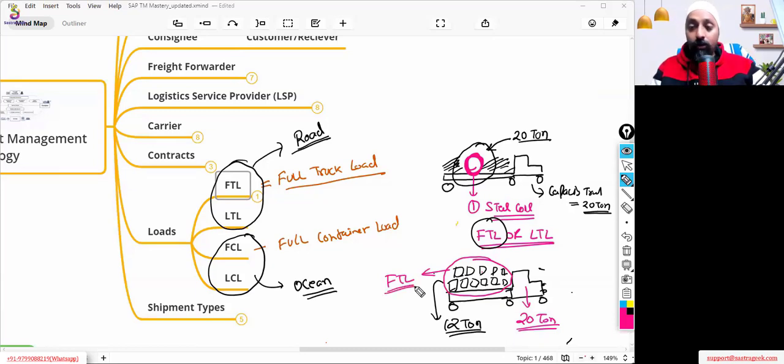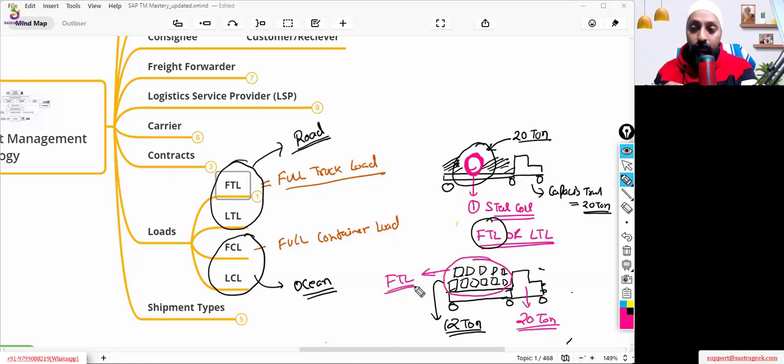So full truckload or less than truckload depends on the capacity of the truck, or what capacity the container has. It can be as per the volume or as per the weight. You can call it a full truckload or less than truckload. These terminologies are very important because the business would be interested to make sure whether they are doing a full truckload or less than truckload.